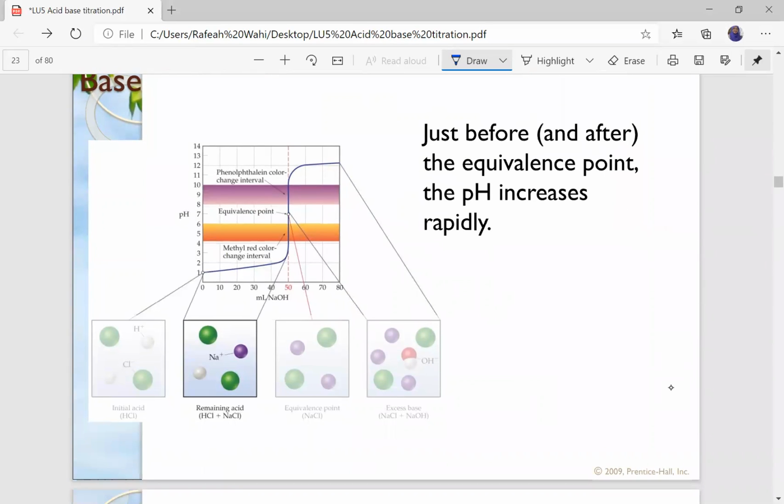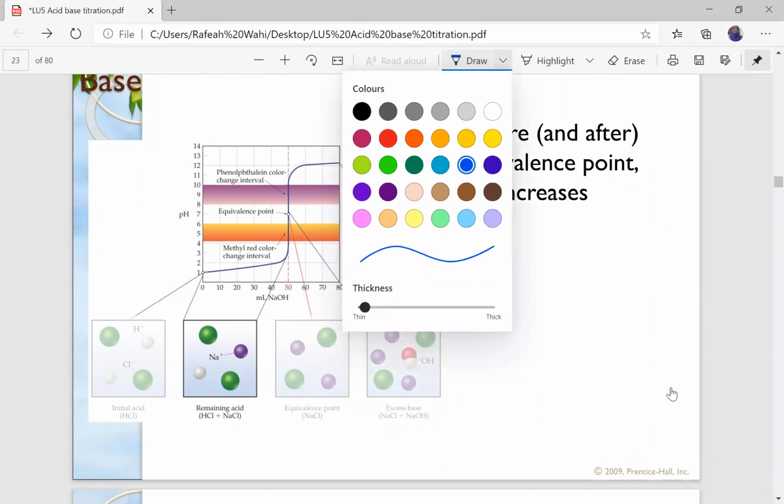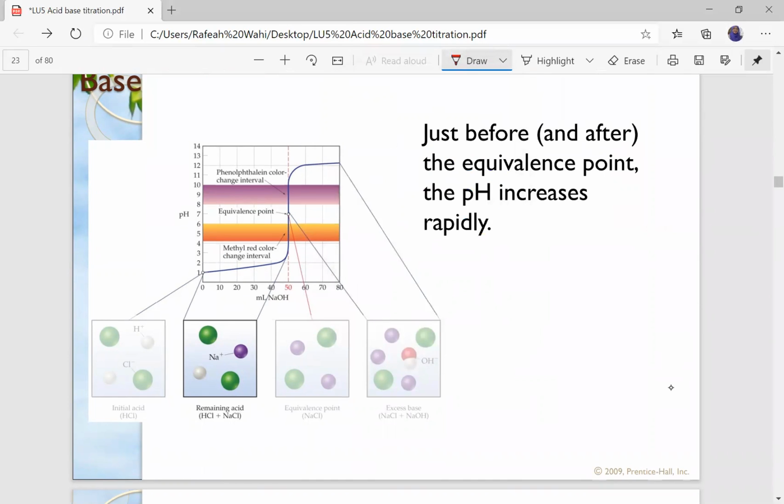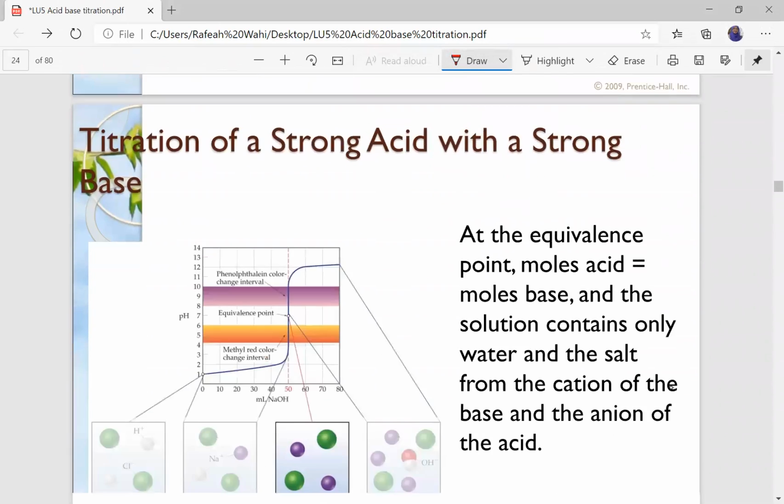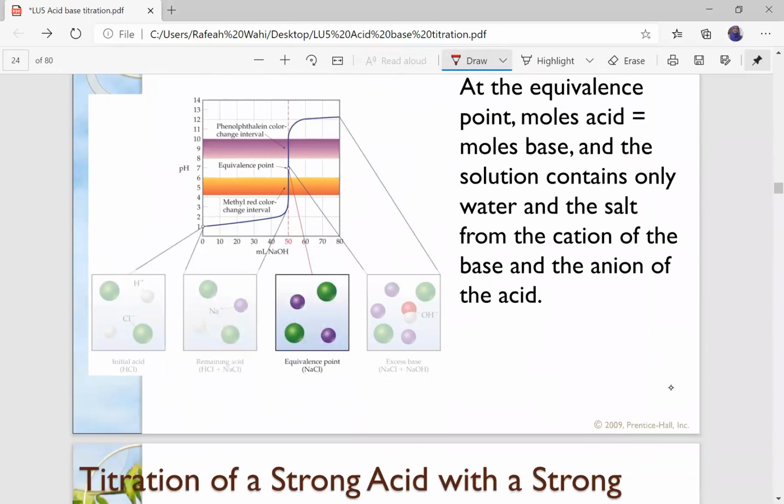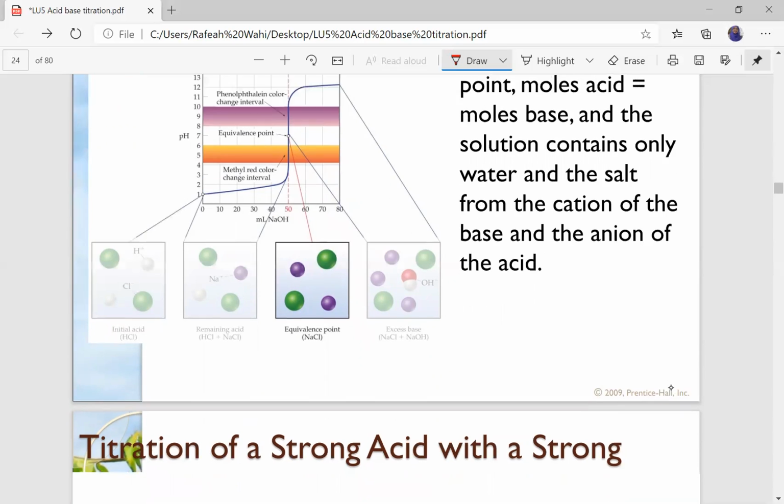The only part where you see the pH increase rapidly is at the equivalence point. At the equivalence point, you know that moles of acid is equal to moles of base, and the solution contains only water and salt from the cation of the base and anion of the acid. So the pH is always 7.